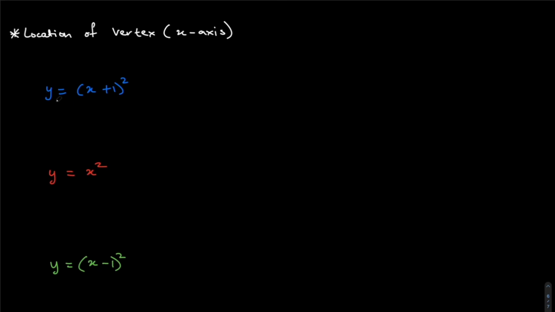So I have y is equal to x plus 1 whole squared, right? So if I want to rewrite this in the similar form, I'll change it back to blue. I'm going to have something like y minus 0 is equal to x plus 1 whole squared. So here my vertex is going to be -1 comma 0.